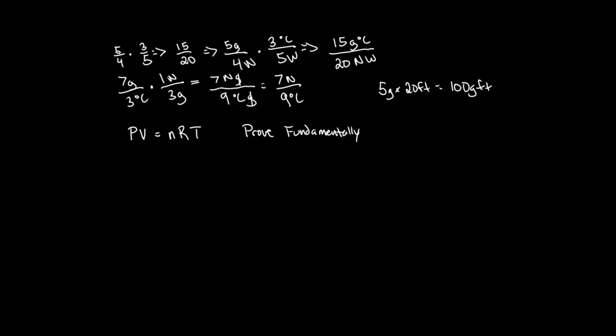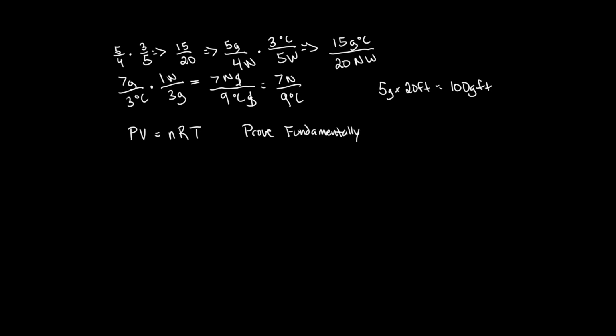Now, we're going to really discuss PV equals nRT later, but for now, let me give you a little history on PV equals nRT and what that is. PV equals nRT is an equation that basically allows us to figure out the amount of pressure if we were to store some gas in a closed container.